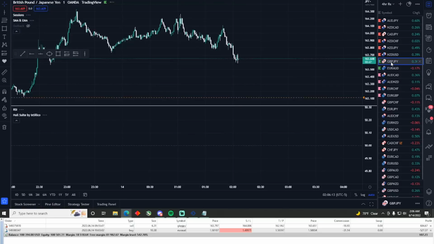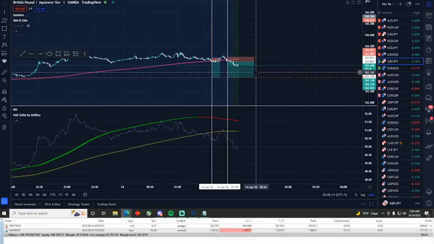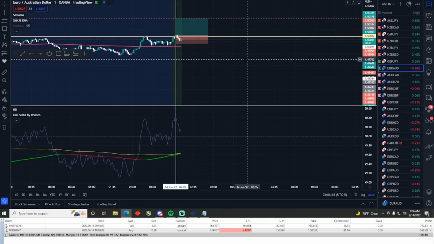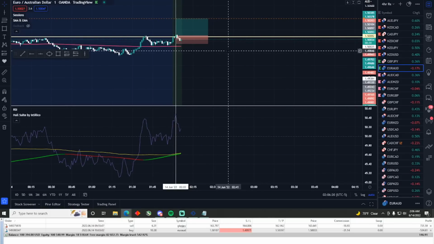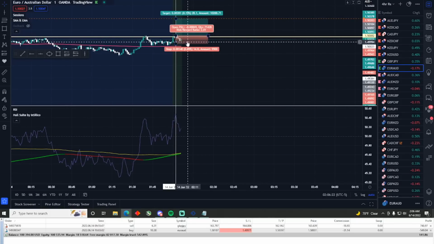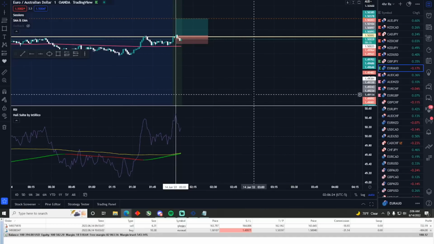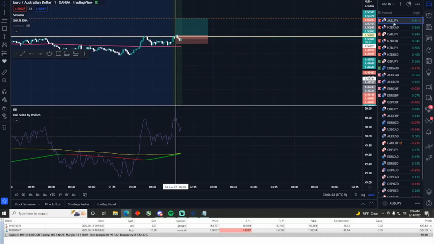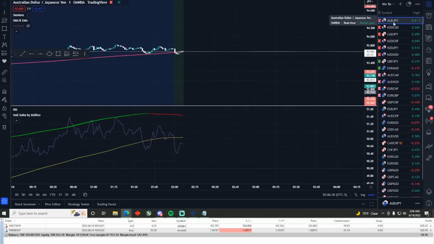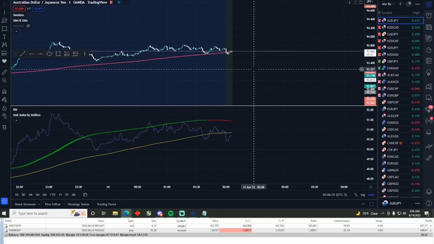So looking at the other trades, GJ is kind of stalled, and EA is kind of struggling as well. So this might not have been the best move, but we'll see how it goes. I'm optimistic, but looking at everything else, you had an AJ cross, but it's not really knowing what it wants to do.